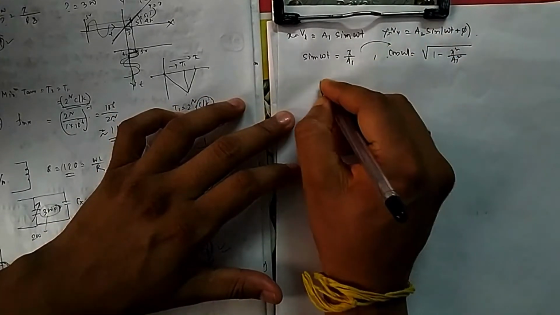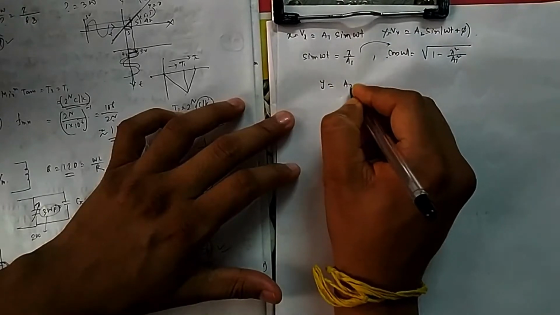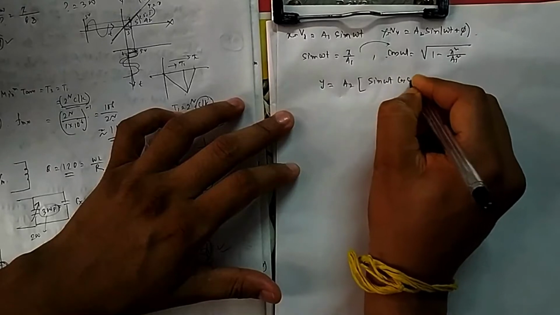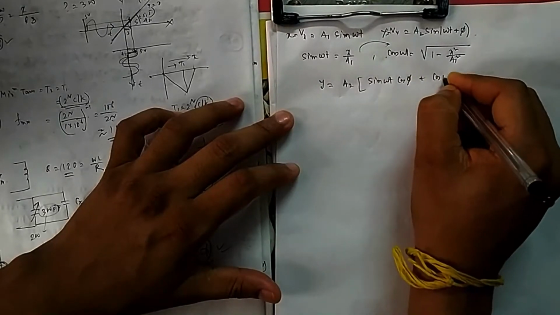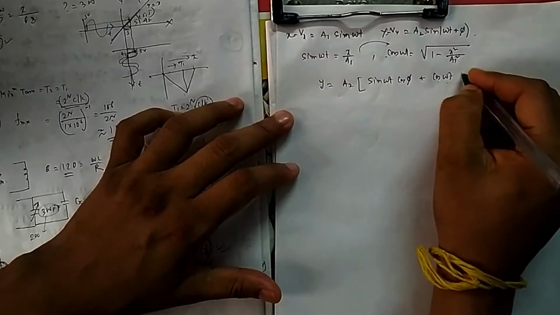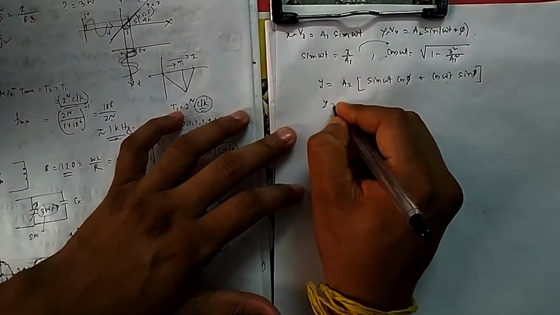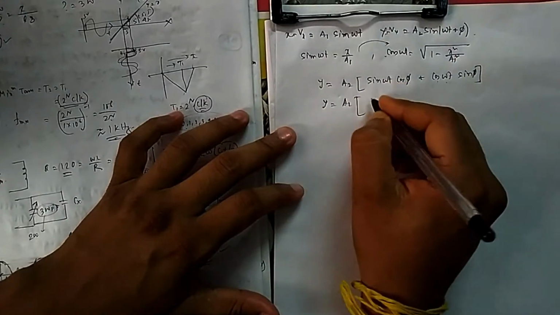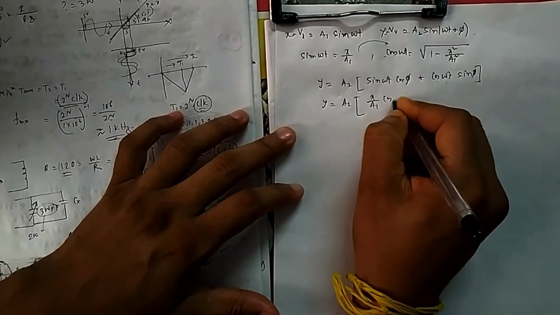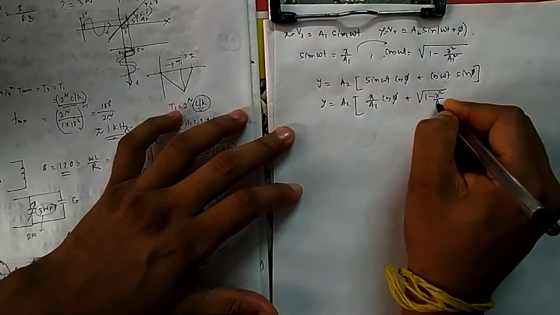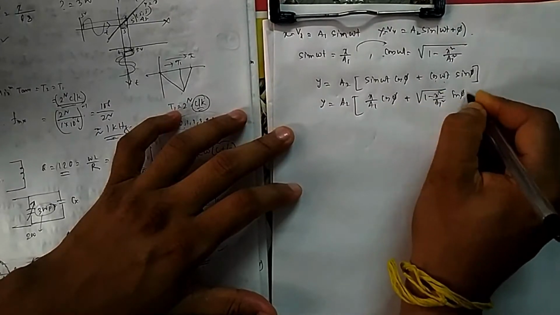So y is equal to a2, then sine (a plus b) is sine a cos b plus cos a sine b. That's why I have calculated cos omega t. I will put it there because I don't need t. What is the intention? To eliminate t from these two. So I will replace this one: x by a1 cos phi, plus under root 1 minus x square by a1 square, sine phi.